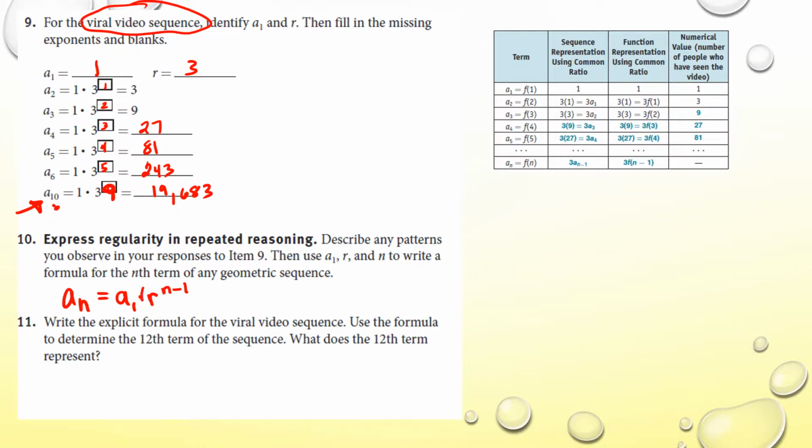So this is a times. We could just write them in a row, but I'll use parentheses there. So really it looks like A sub N equals A sub 1 times R to the N minus 1.